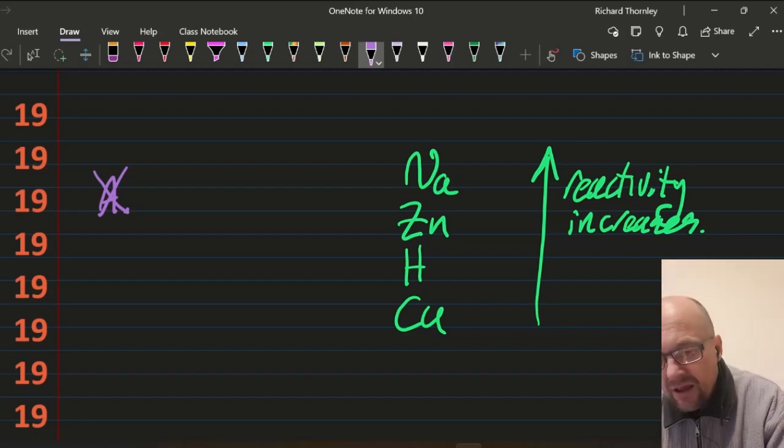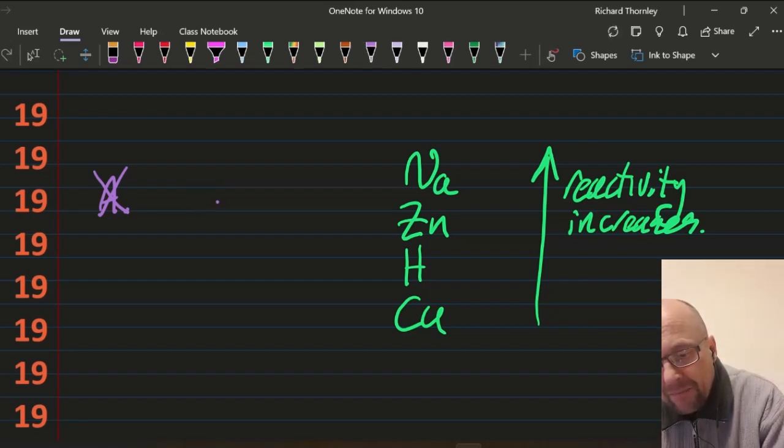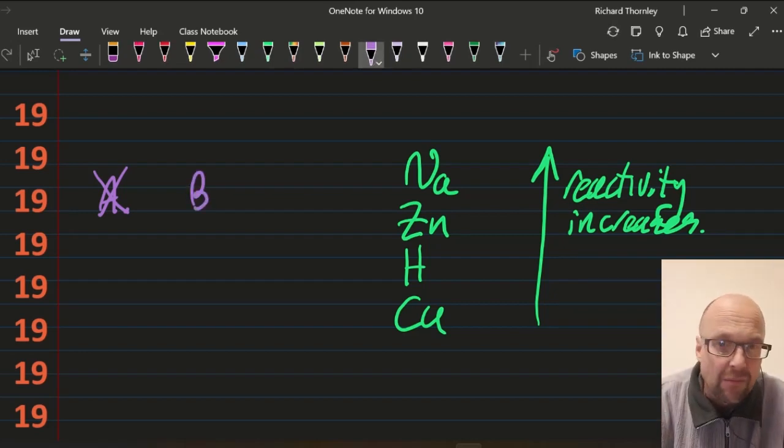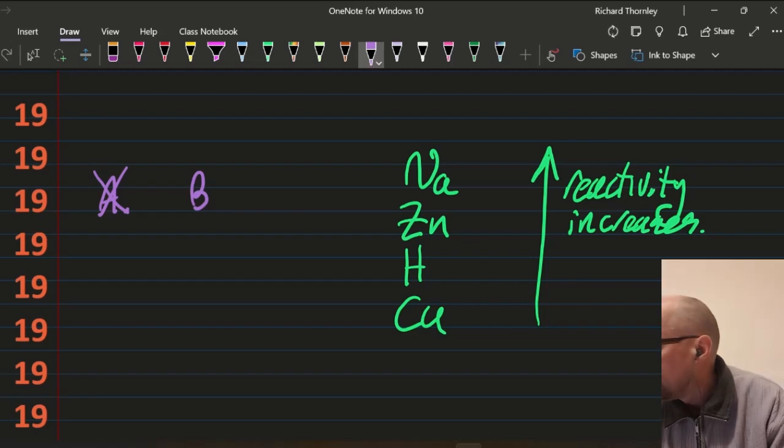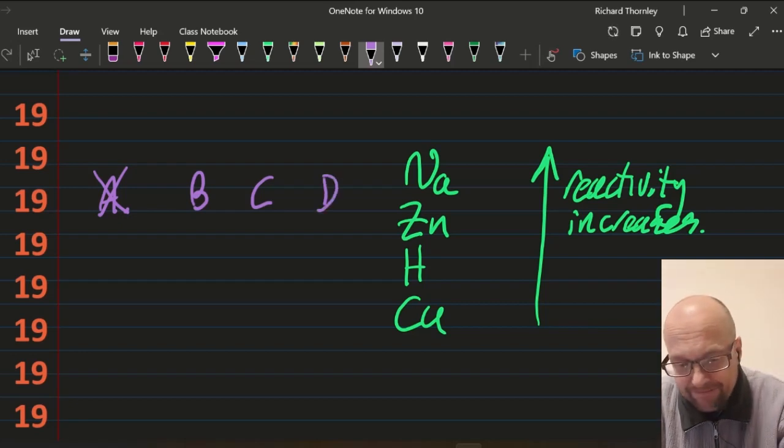Yeah, it's not A. I see copper is a metal. We'll put a pin in that and decide if it's a reactive metal, then it will react, or an unreactive metal, then it won't react. C is another metal, and D is an oxide. So metal oxides react. All right.